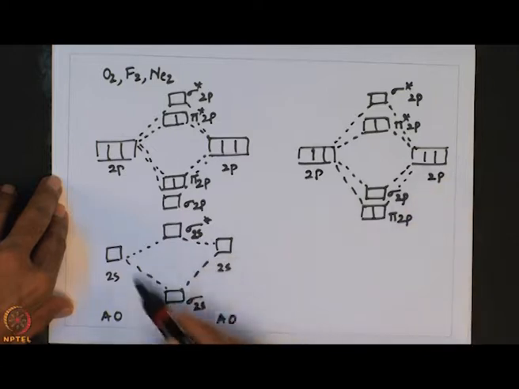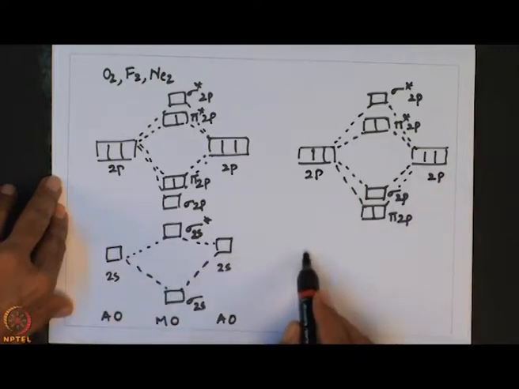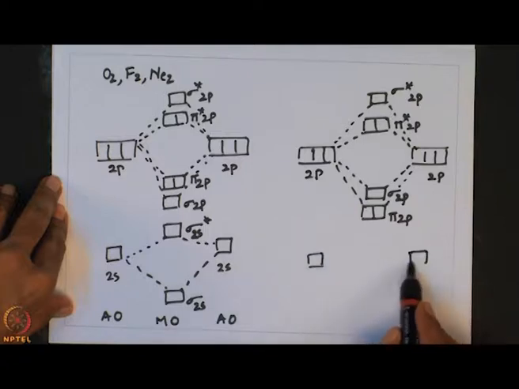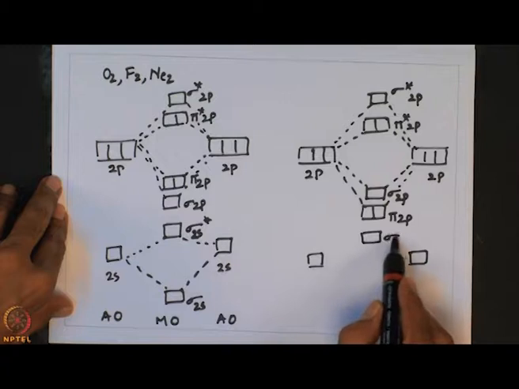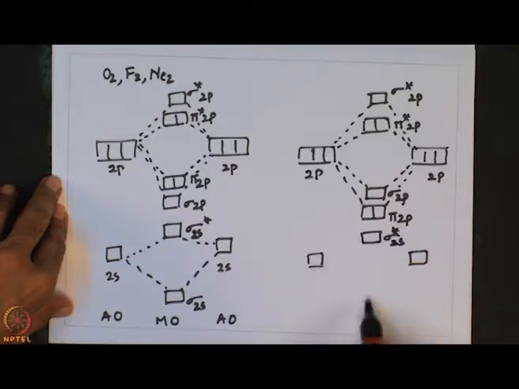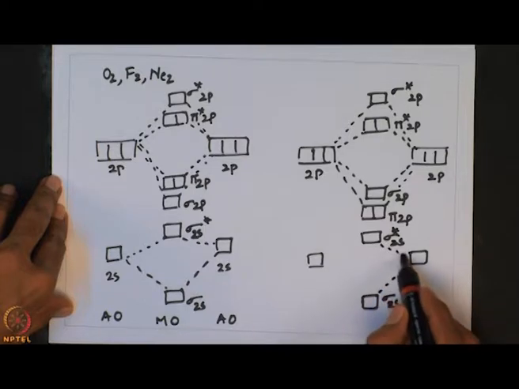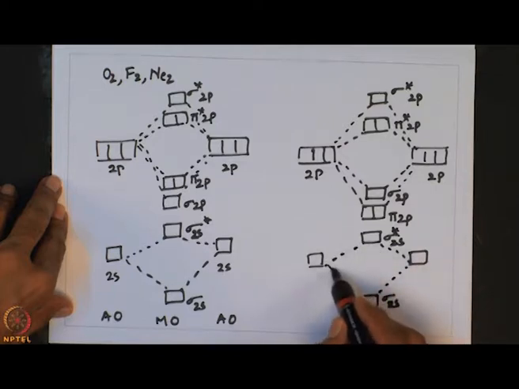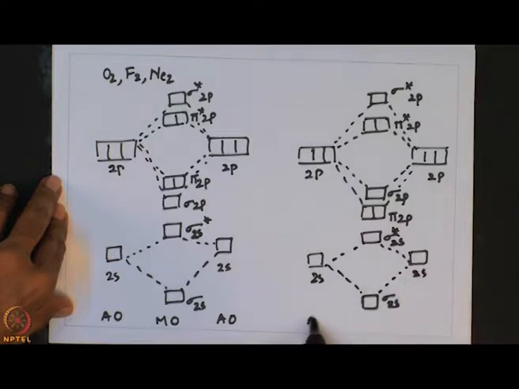There is no change in the 2s combination. This is 2s, this is 2s; these are all atomic orbitals, and this is the molecular orbital diagram for the diatomic species.